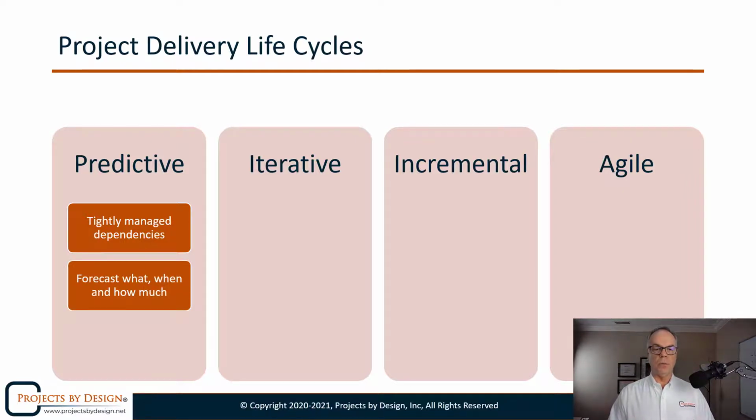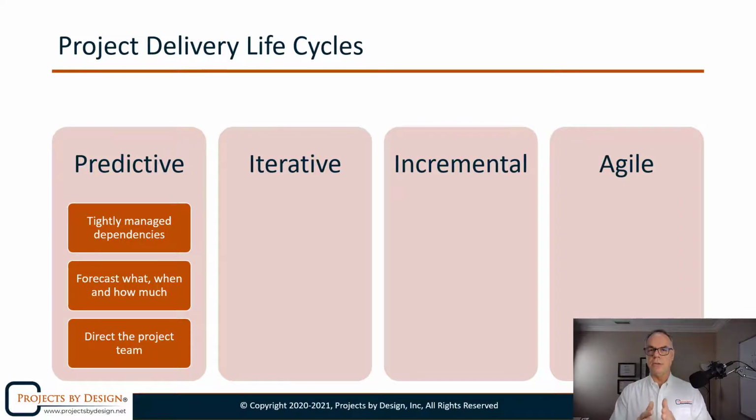We also want to forecast what we're going to do, when we're going to do it, and how much it's going to cost. And as I mentioned, we're going to have to direct the project team in order to make sure that plan-driven approach is executed as efficiently as it can, understanding that the team probably is not too far out of their routine when they deliver.